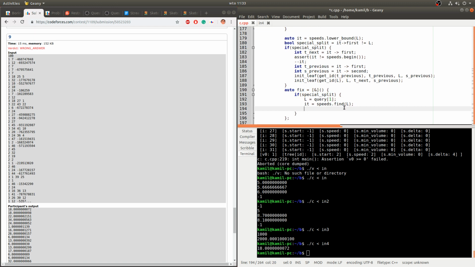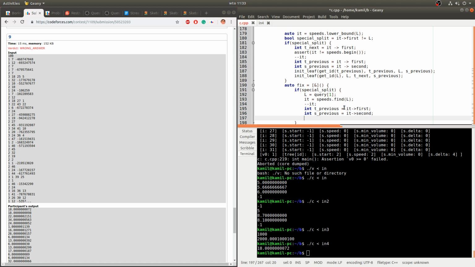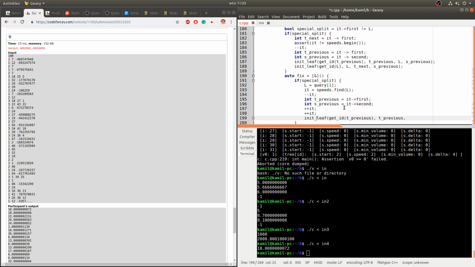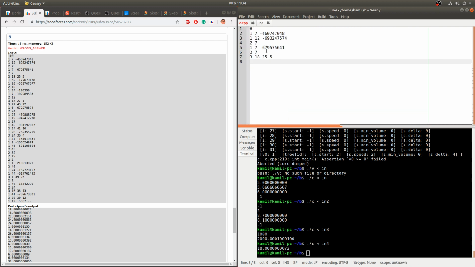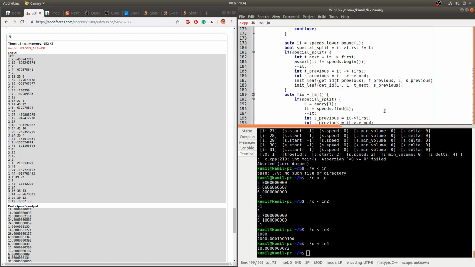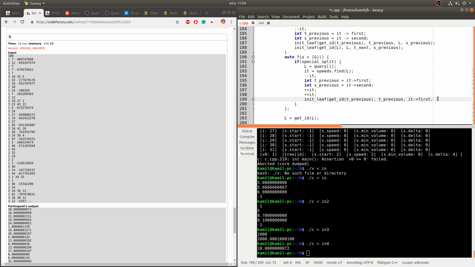It is this, T previous is it first, as previous is it second, init leaf get id of T previous, up to some next thing, so here plus it first. But this happens only, so I messed something up after making a query, so this can't be an issue here in this test. So this fix will not fix the correctness on this test.